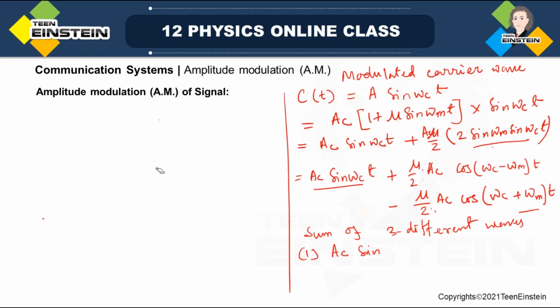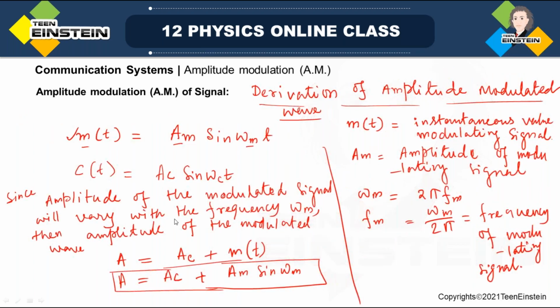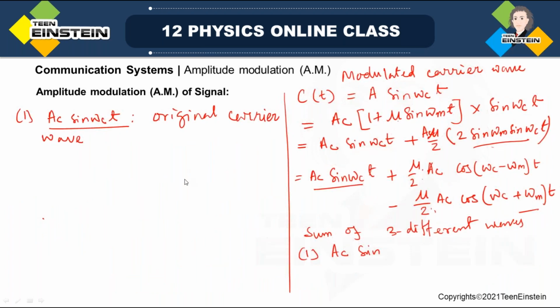So the first wave is the original one, AC sine omega c into t. This is actually the original carrier wave. If you recall, I have written it here.